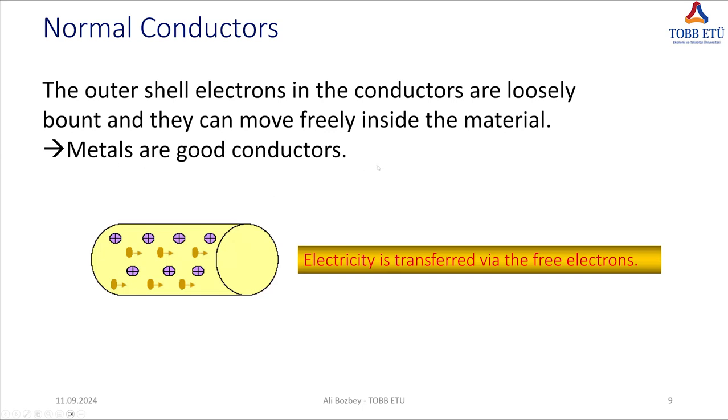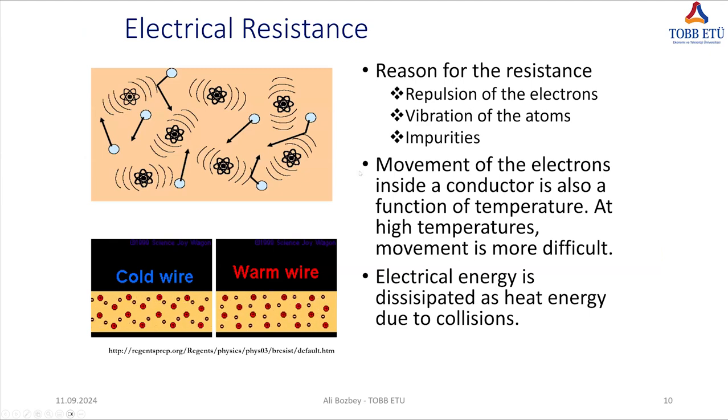In general, metals are good conductors, and the resistance is generated when the current flows through a normal material, and because of the repulsion of electrons between each other, the atoms vibrate, and there may be some impurities in the material. So the movement of the electron inside a conductor is a function of temperature. At higher temperatures, there are more vibrations and hence more resistance. And then the electrical energy is dissipated as heat due to the collisions of atoms or electron scattering.